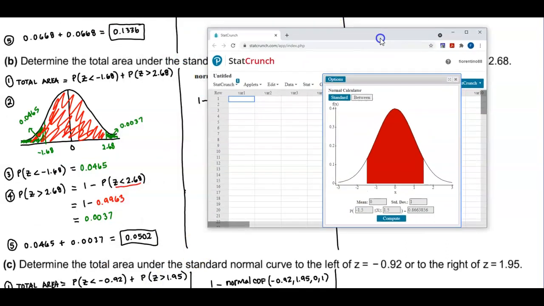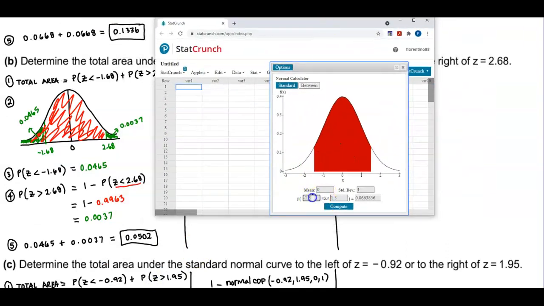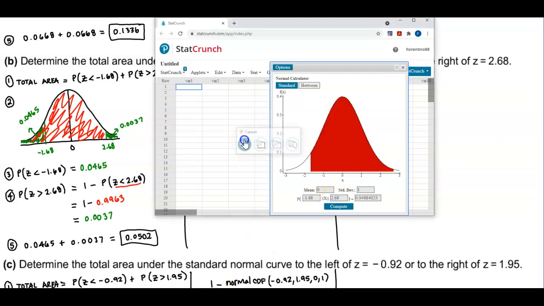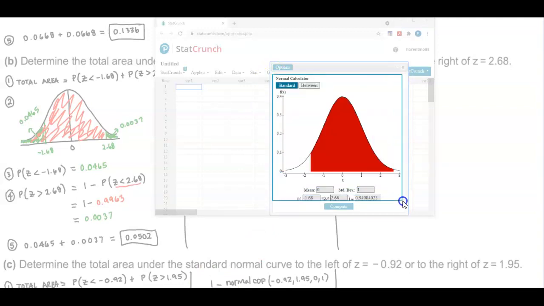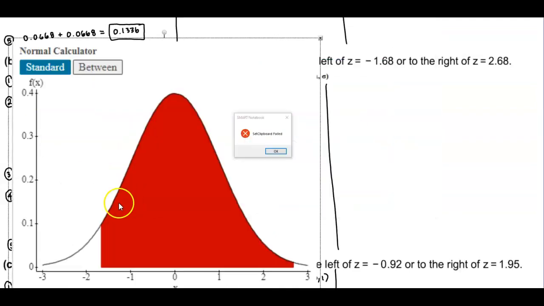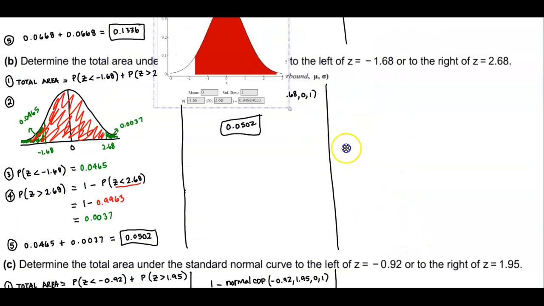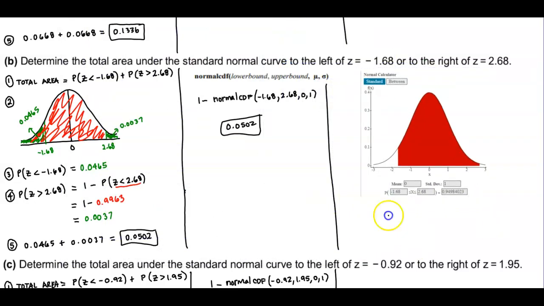So if we take a look at the two scores, which is z is negative 1.68, and then to the right is 2.68. And then therefore, again, if we take a look at this area, and again, if we take our 1 and then subtract 0.94984023, that's also going to give us 0.0502.